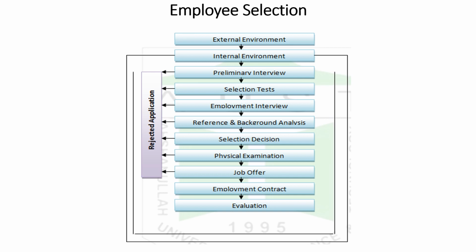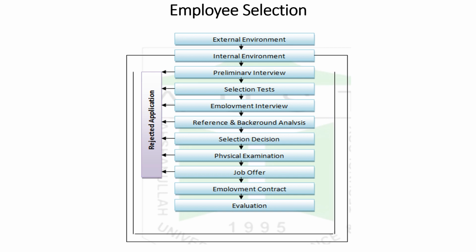The rules and regulations will be given in this employment contract, starting from the start time, the end time, the number of leaves provided to the person, the lunch break timing, then the process of termination from the organization, the process of resignation, the process of applying for leave, the process of disciplinary action. So whatever is related to the employee, all the matters will be included in the employment contract.